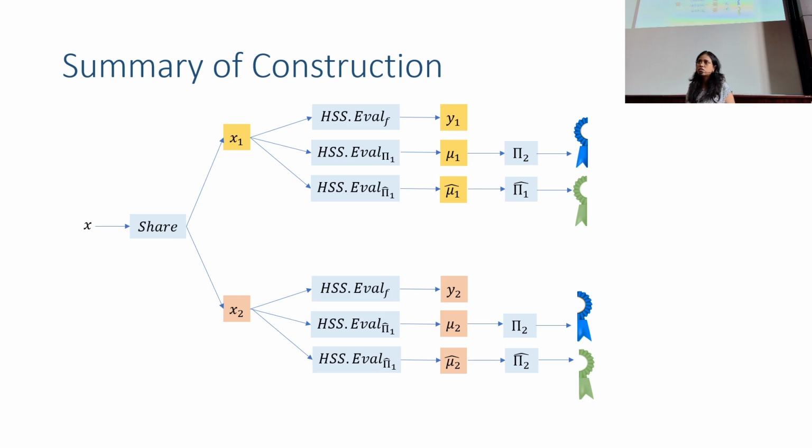And in addition to that, the servers compute partial proofs or proof shares for two proofs. One is a local proof, which I'm denoting with the blue image here, and the green one corresponds to the public proof. And so that's it. This is our construction.